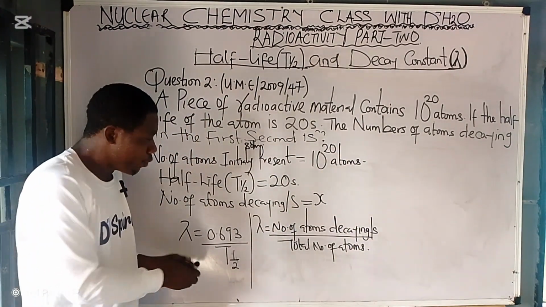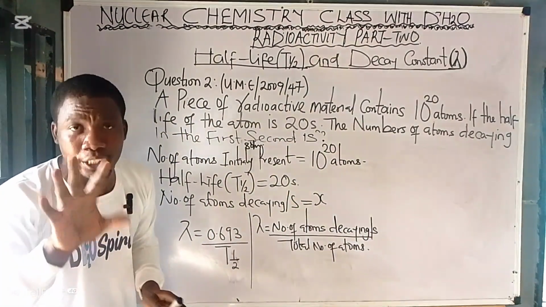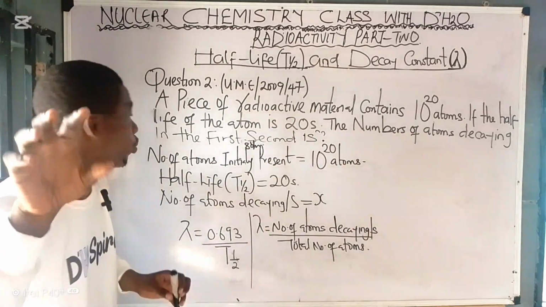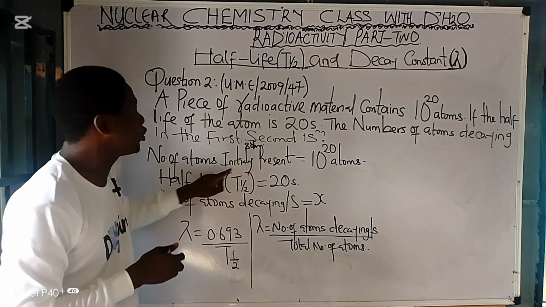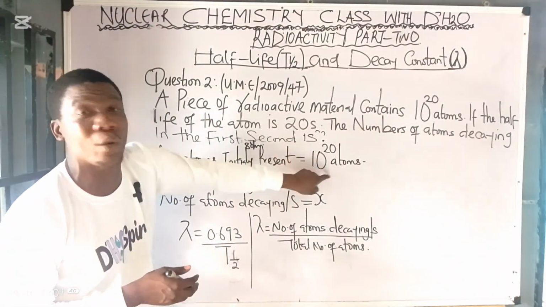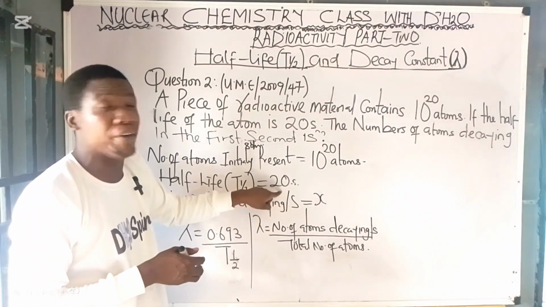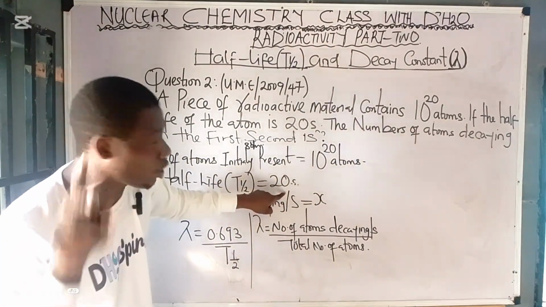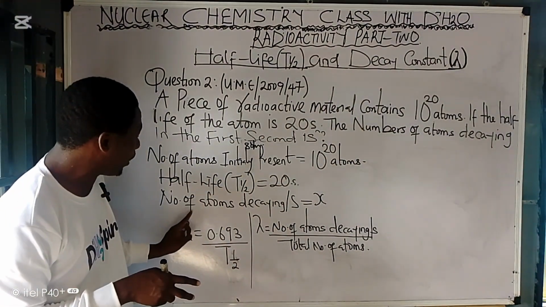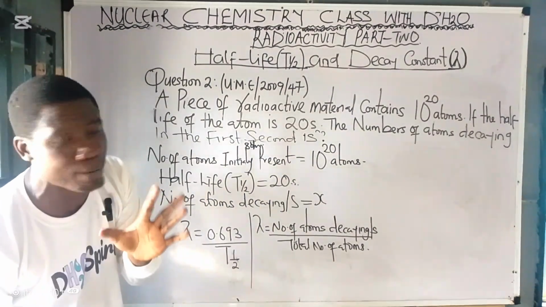Okay, now we have these two important formulas for decay constant. According to this question, they gave us the number of atoms initially present as 10 raised to power 20 atoms, and they gave us the half-life as well, 20 seconds. They now said we should calculate the number of atoms that is decaying per second.